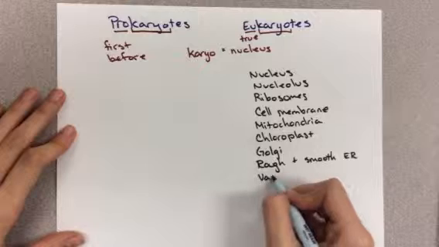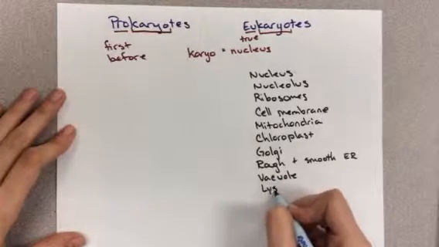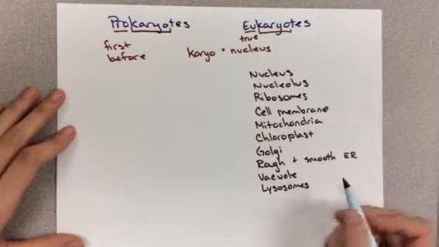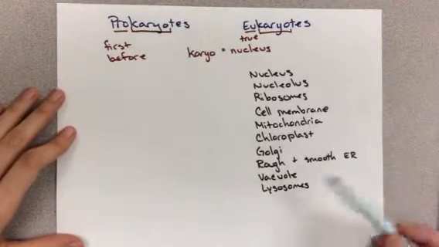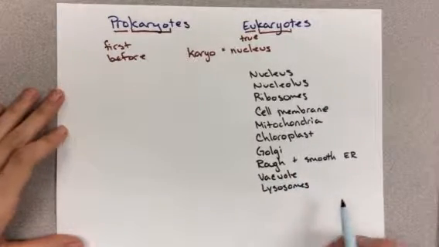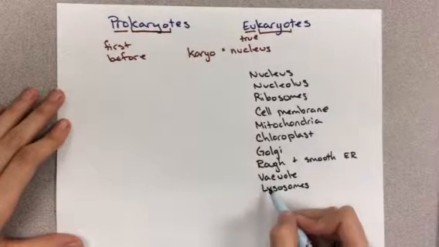We also have vacuole and lysosome. So these are essentially specialized bubbles that do specific things. And keep in mind that vacuoles look a little bit different in plants versus animals, but still both have vacuoles.